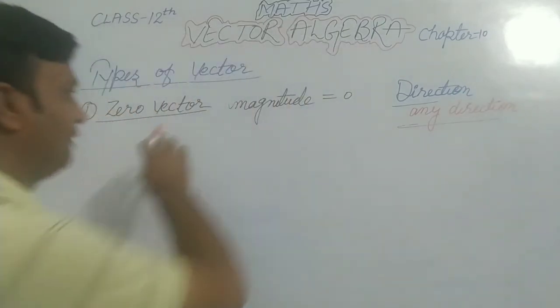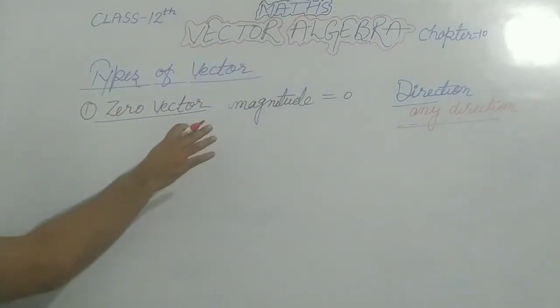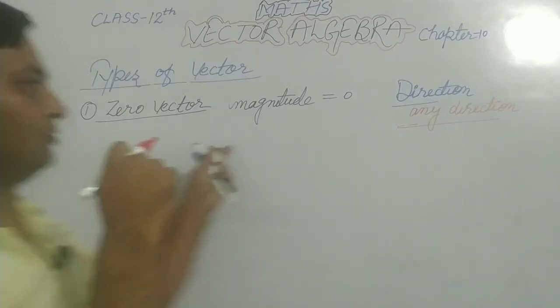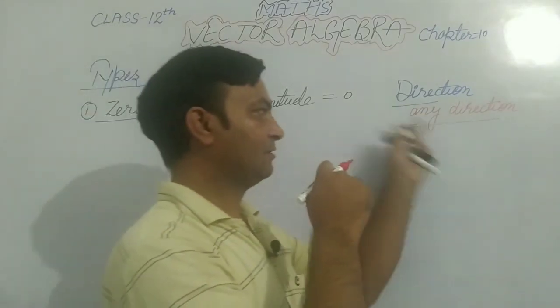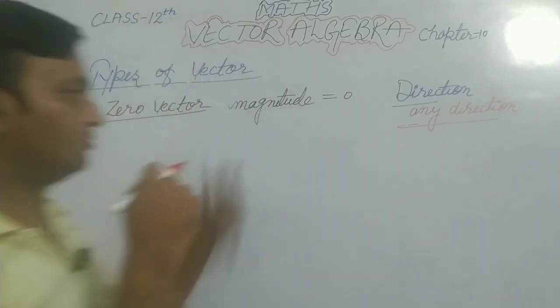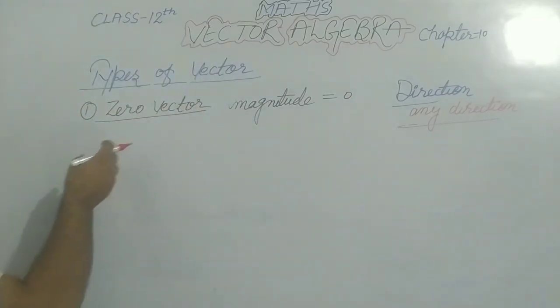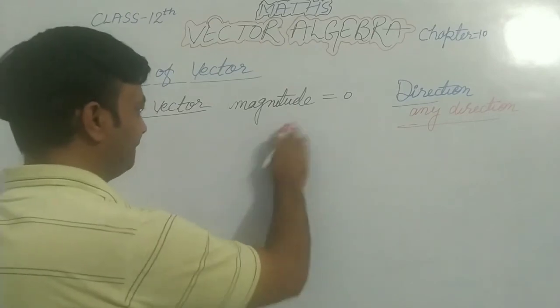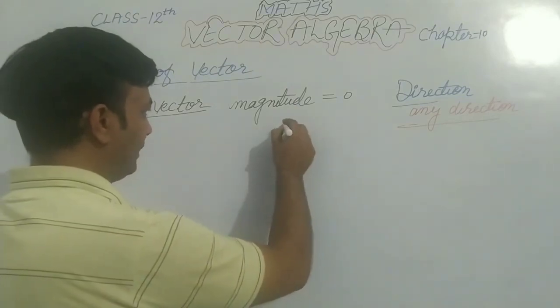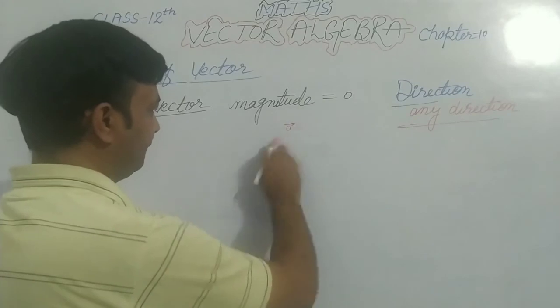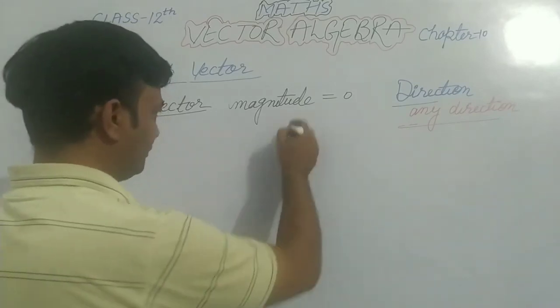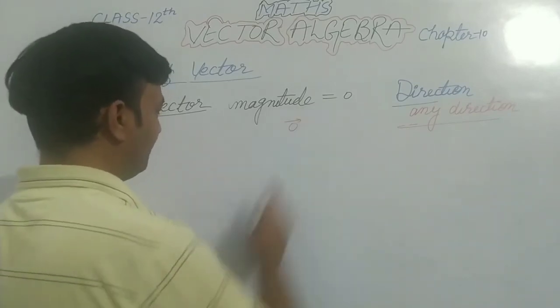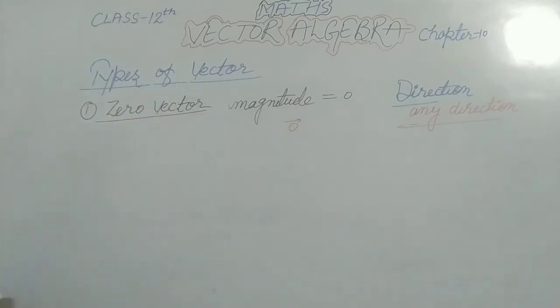So if any vector has magnitude 0, and direction we can say any direction, that vector is known as zero vector, and we can denote the zero vector as 0 with a vector sign on top, isn't it?